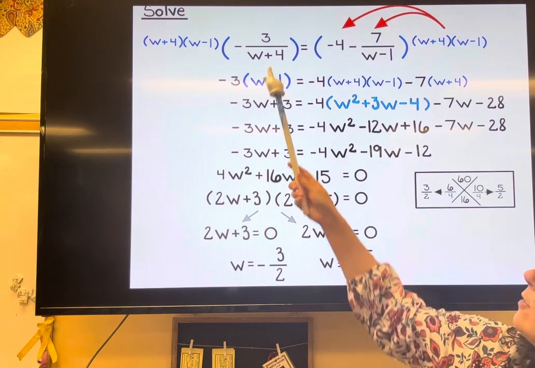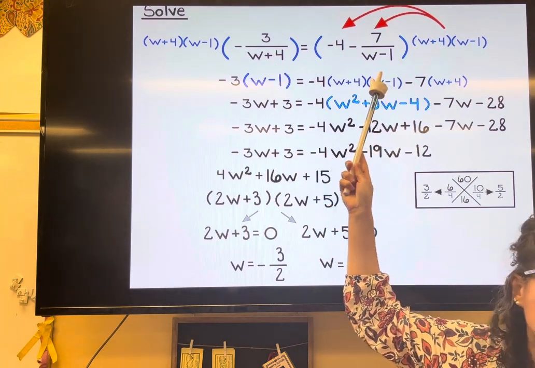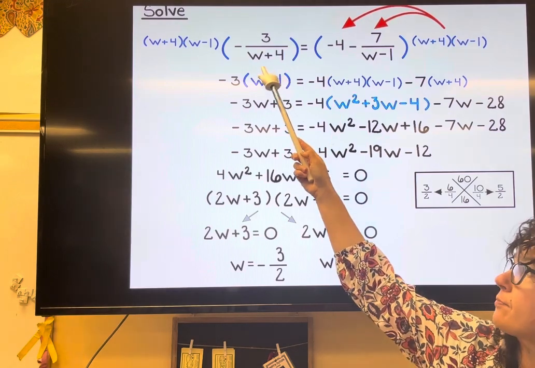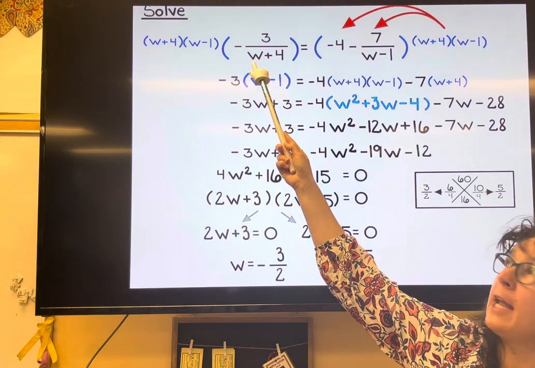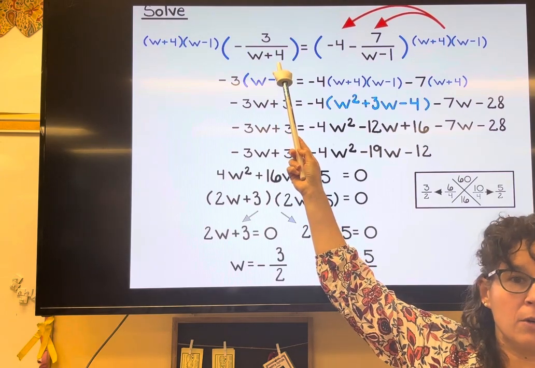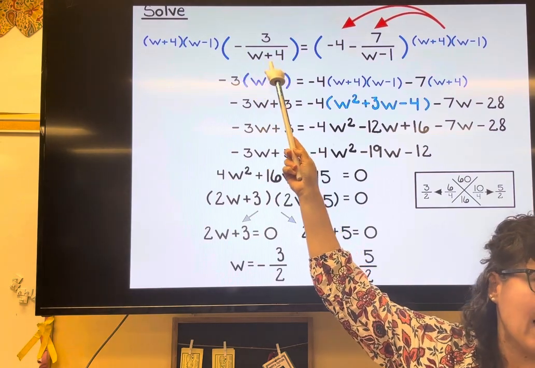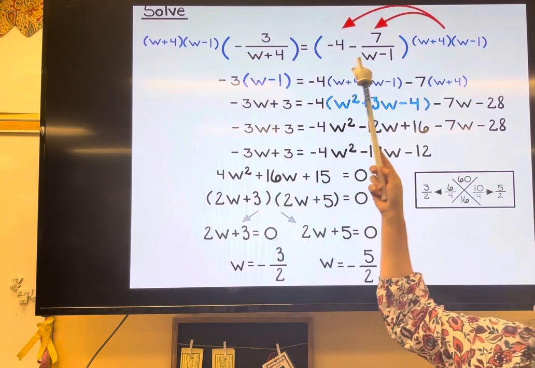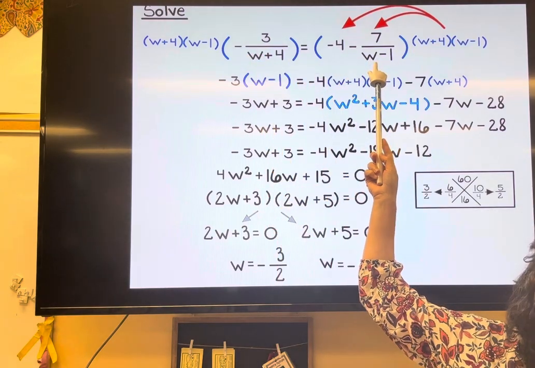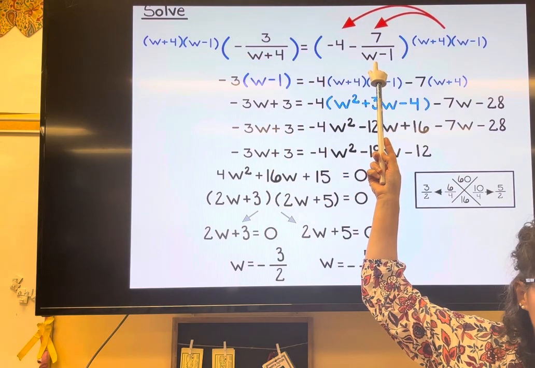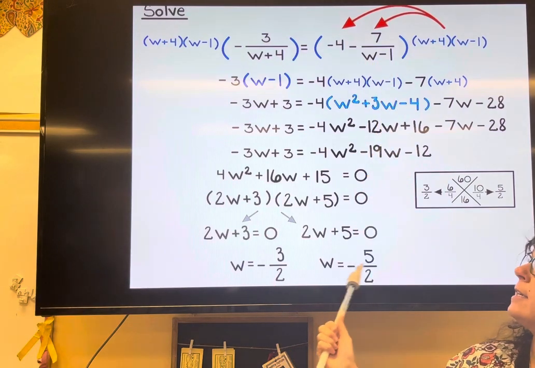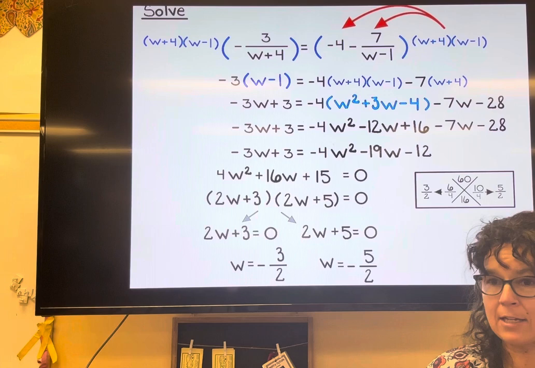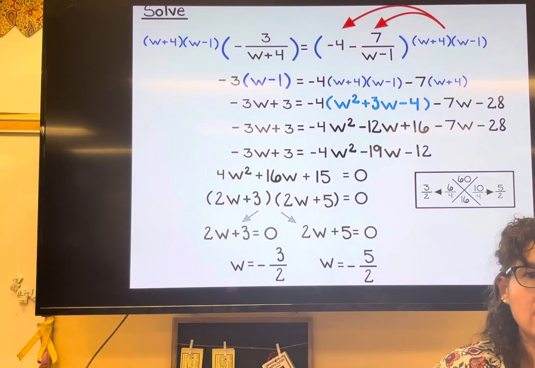So if I look back in the original for just what would the extraneous solutions be, if we let the w be negative 4, negative 4 plus 4 is 0, and so negative 4 cannot be an answer. In this one here, 1 minus 1 is 0, so 1 cannot be an answer. Neither one of these is an extraneous answer, so I know that they're going to check out.